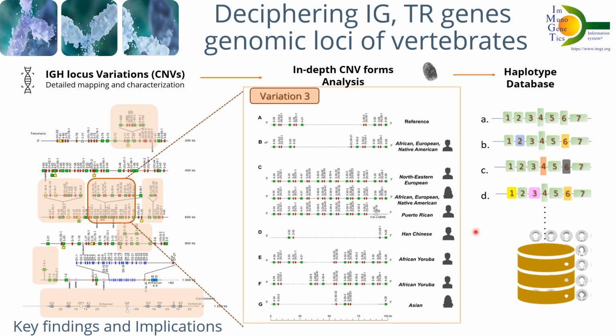On the right part of this slide, we see a schematic representation of the haplotype, and we define the haplotype. The haplotype refers to the unique combination of the CNV forms present in each individual, and the upcoming haplotype database.